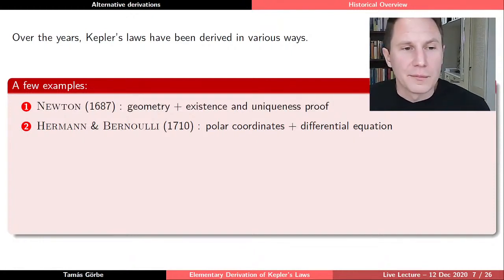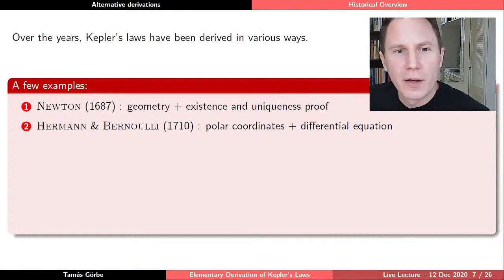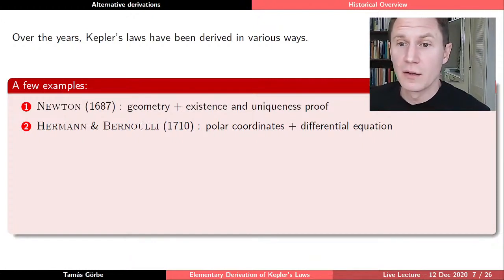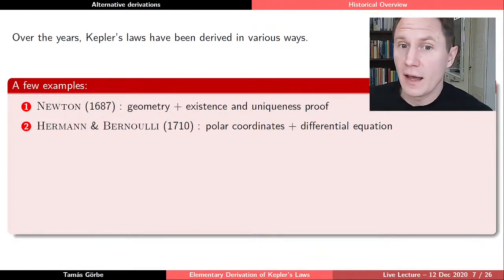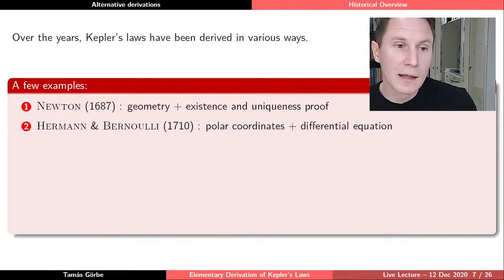Then there were Jakob Hermann and Johann Bernoulli in the early 18th century, who used polar coordinates and solved the differential equation. This is actually the kind of derivation that people usually see at university.